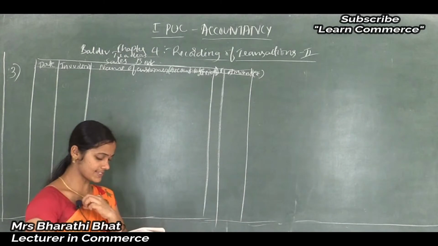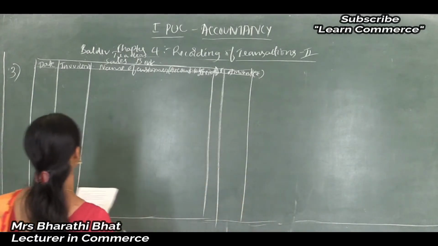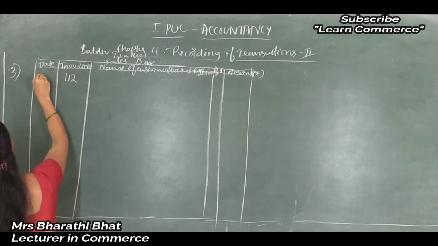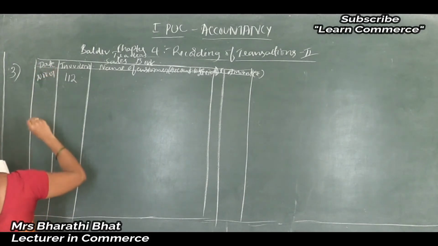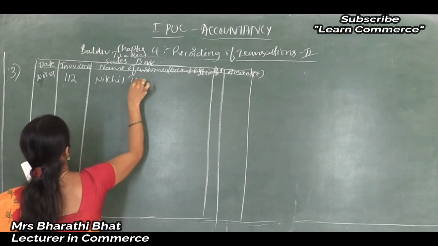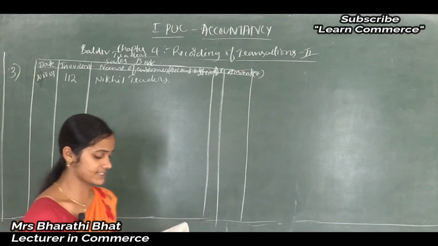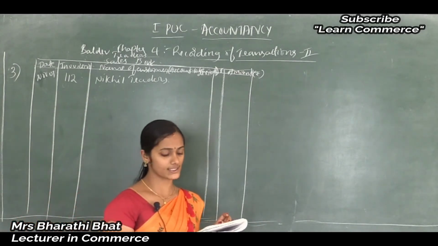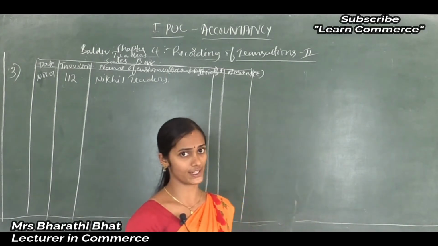Okay, see the transactions. Sold to Nikhil Traders. Bill number is also given, 112, date November 1, Nikhil Traders. Baldev Traders sold 10 radio sets at rupees 500 each and 20 earphone sets at rupees 100 each.